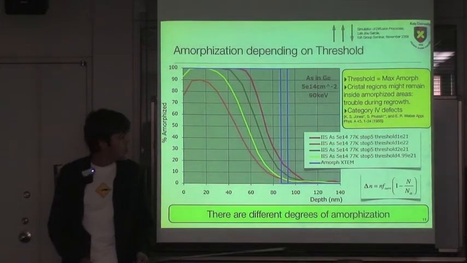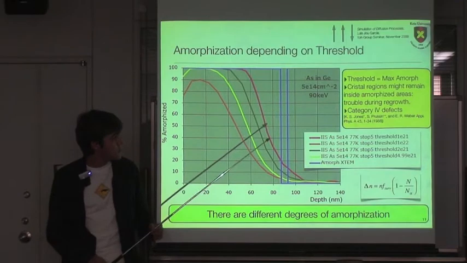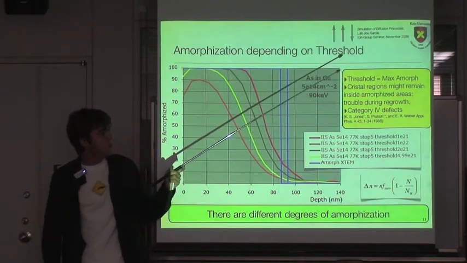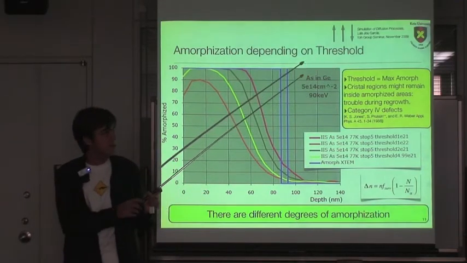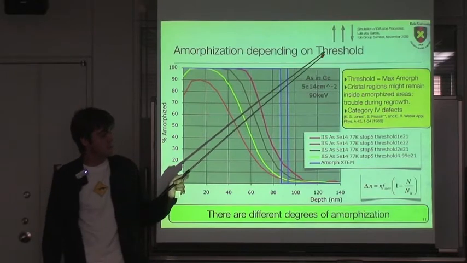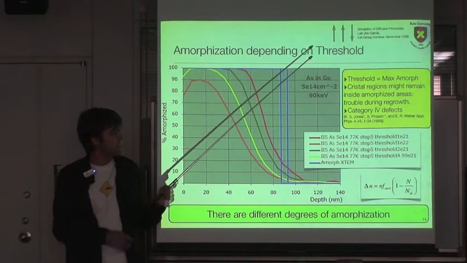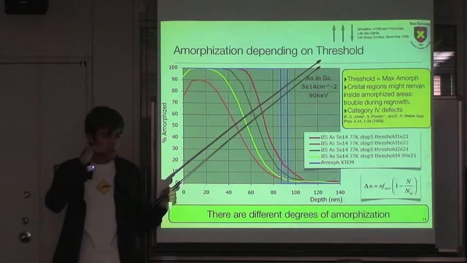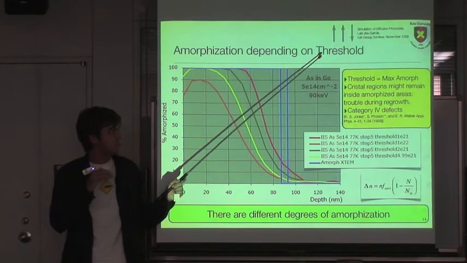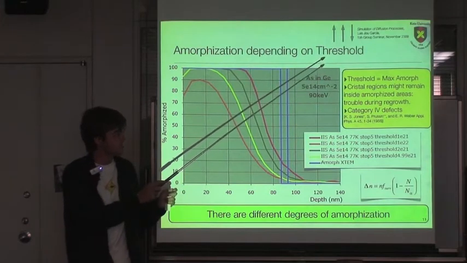First of all, how does the amorphization depend on a parameter called threshold? This name is because it used to be a threshold, but now it's no more a threshold. They redefined it, and it's just the maximum amorphizable, the maximum damage.